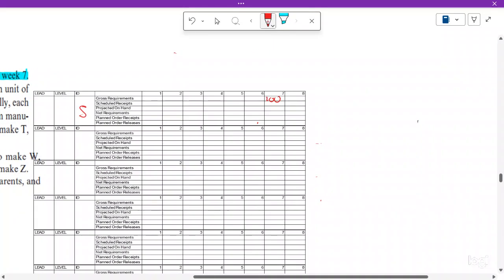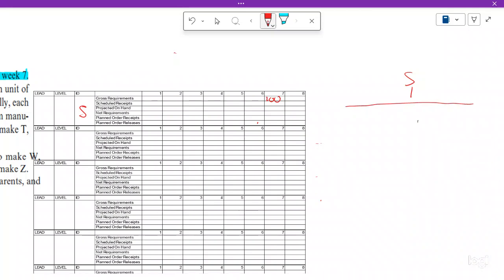Immediately, you start drawing your tree. You start drawing out your tree. Okay, that is my S at the top there. So we're gonna go down.